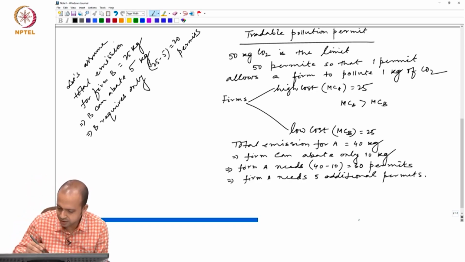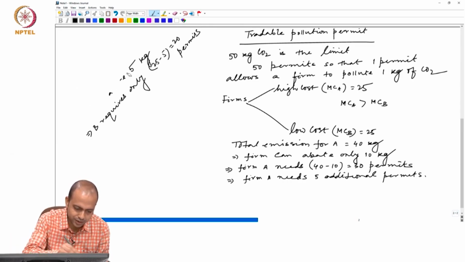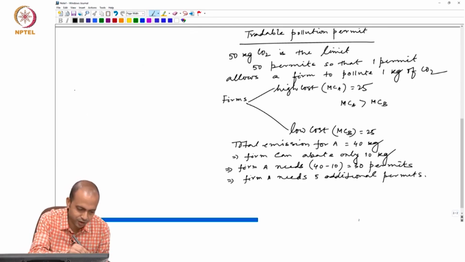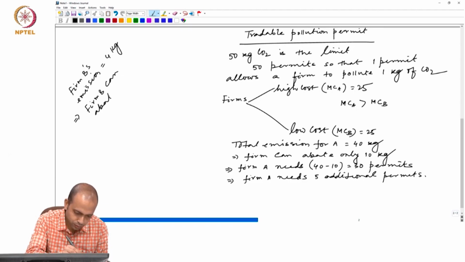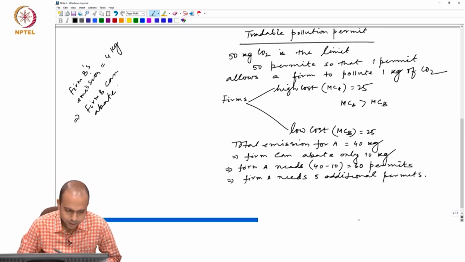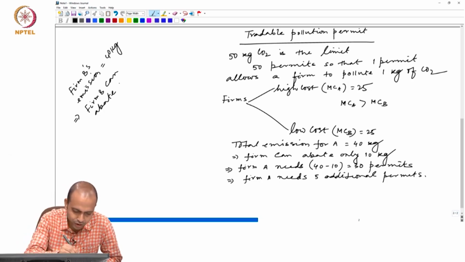Or let us say both are of equal size, and firm B's emission is actually 40 kg, but firm B, since it is a low cost firm, can actually abate, instead of 10, 20 kg.